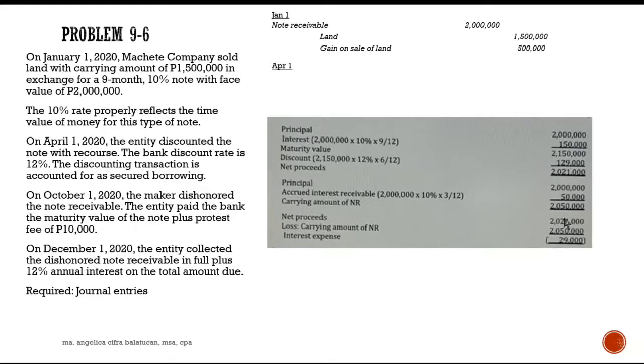So, again, kung secured borrowing, interest expense ang account title. Kung conditional sale, that's loss on discounting. So, debit cash, 2,021,000. Then, debit interest expense, and then credit liability for note receivable discounted, and then interest income. So, pag nangutan na again, yung secured borrowing, nangutan na siya, how much is the loss on discounting?